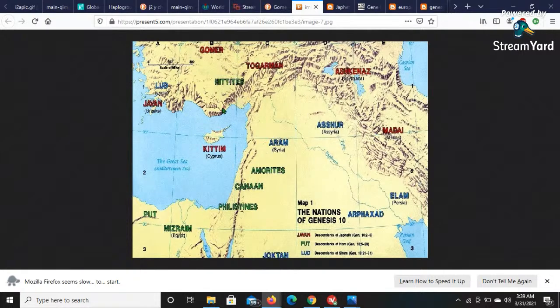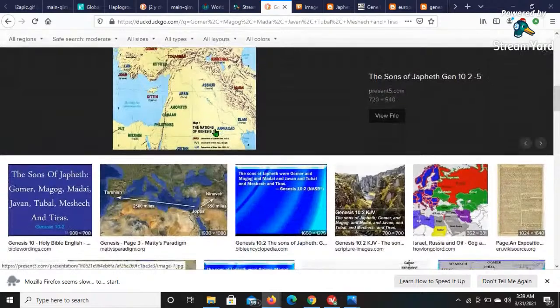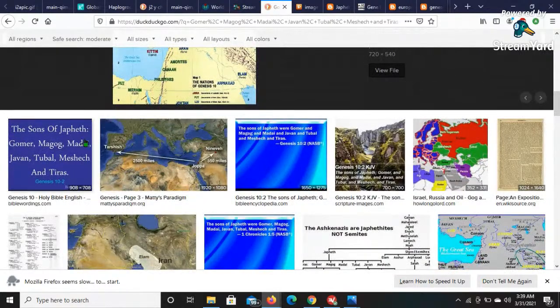Anyway, this is later on. Table of Nations. Okay, Tarshish. Wow. Set sail for Tarshish instead of Nineveh. Look, Nineveh is this way. Tarshish is here.